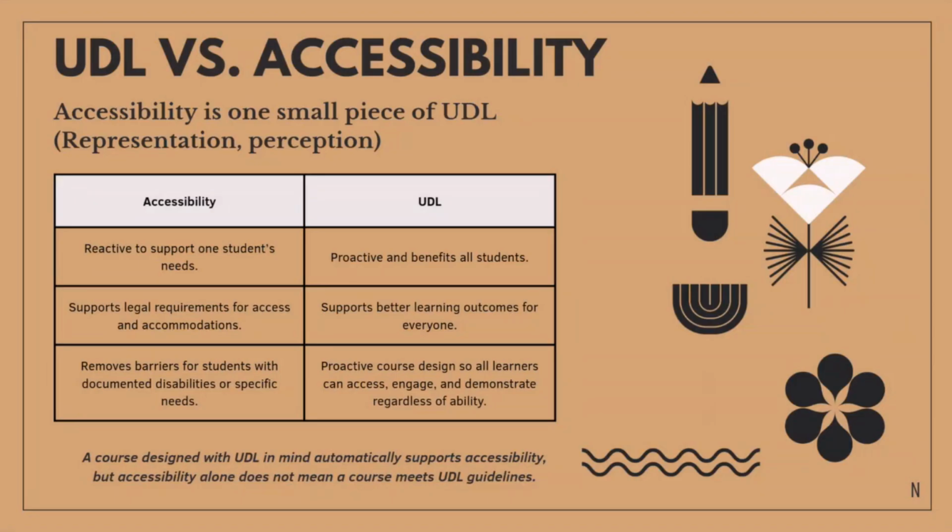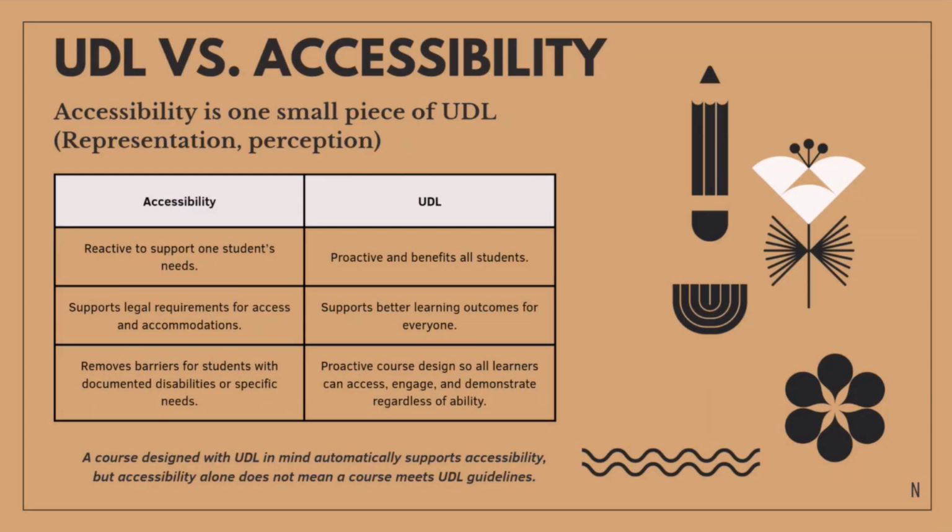That's all good. Alright, UDL and accessibility. I mean, they work hand in hand. UDL doesn't necessarily fully cover accessibility, and accessibility doesn't necessarily fully cover UDL. So it's one small piece, that accessibility.